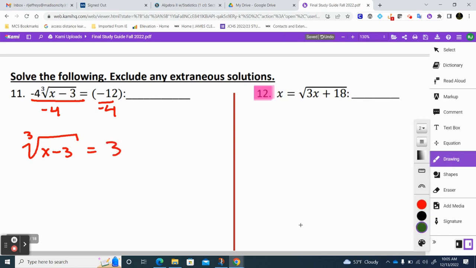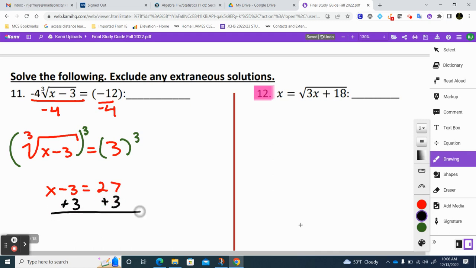Okay. Then we cube it. So x equals 30. Okay. That is your basic radical equation, believe it or not.